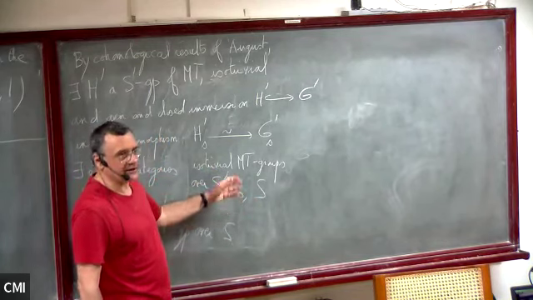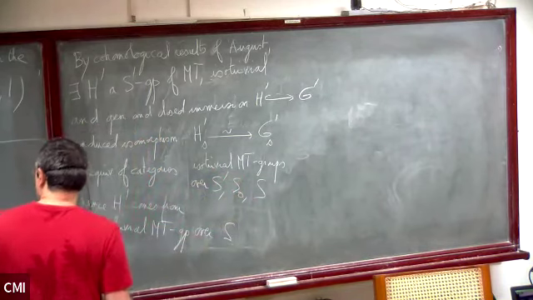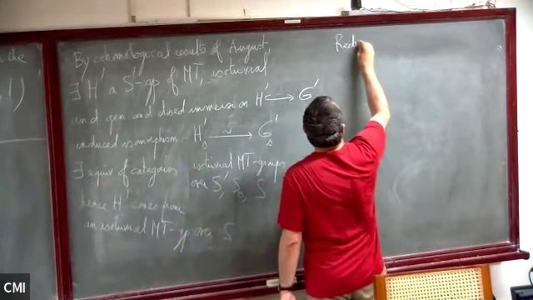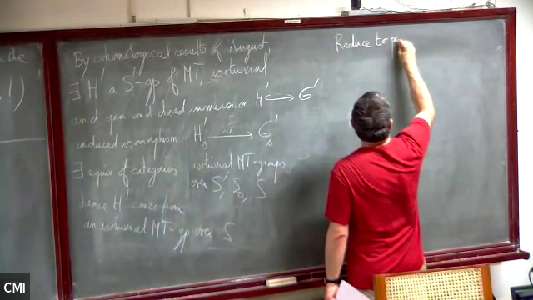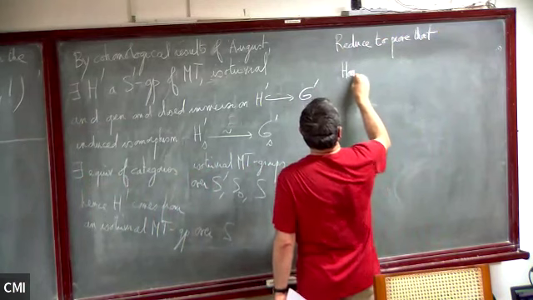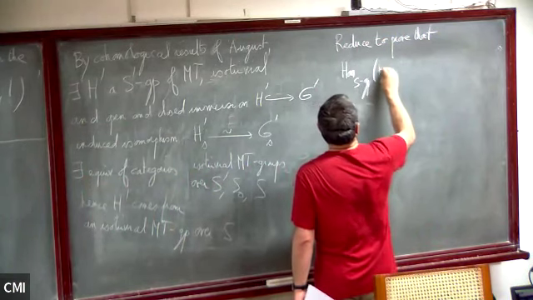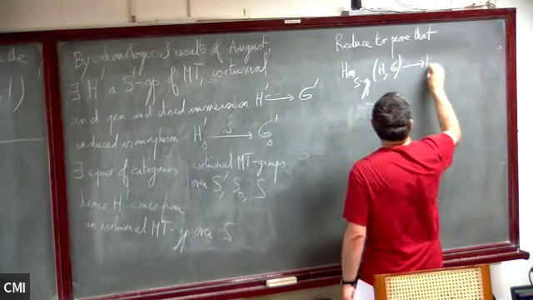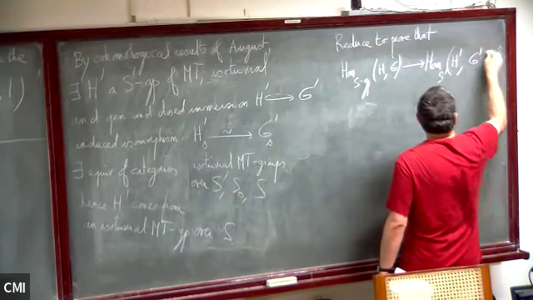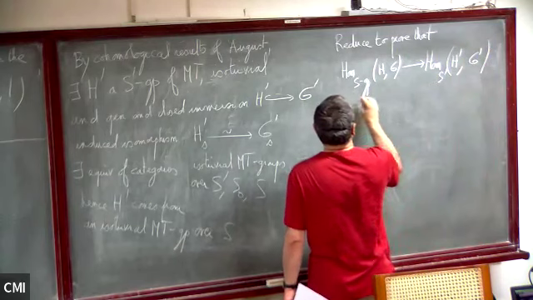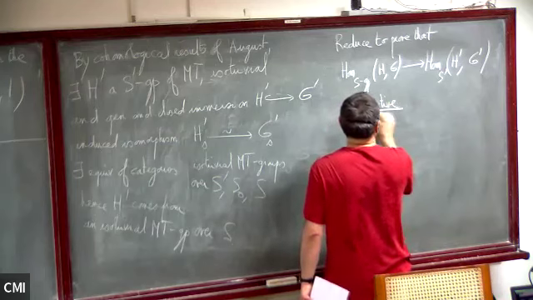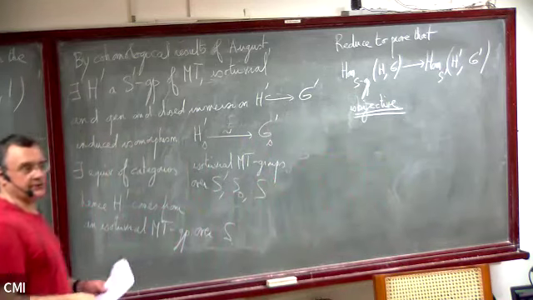So we have all this, and we are reduced to proving that the natural map from S-groups from H to G to S' groups of H' to G' is bijective. Okay, so this is the key point.